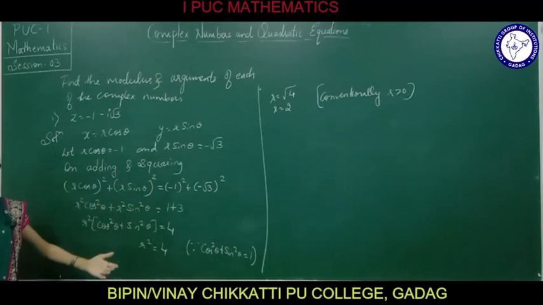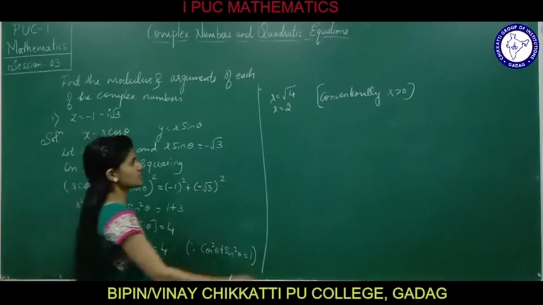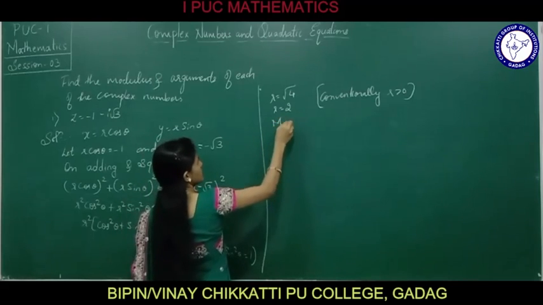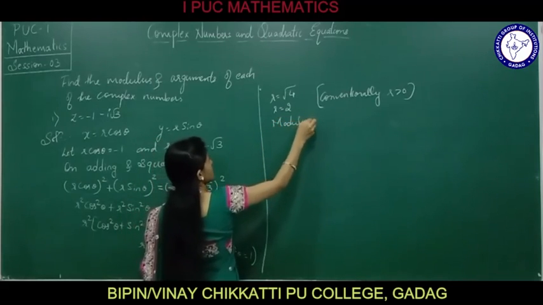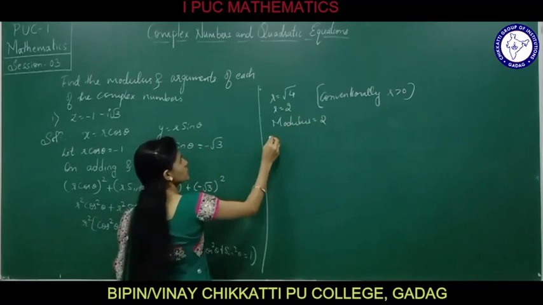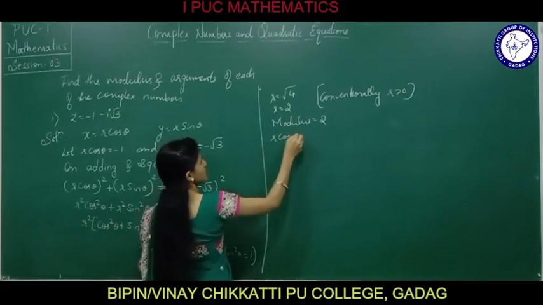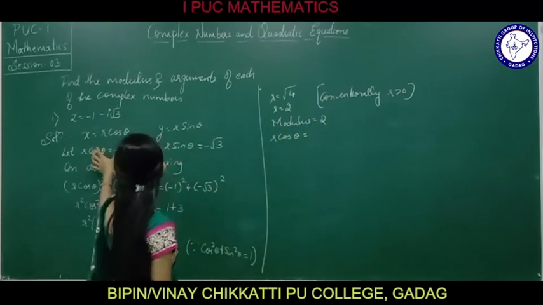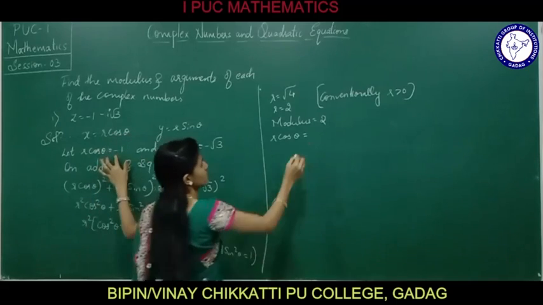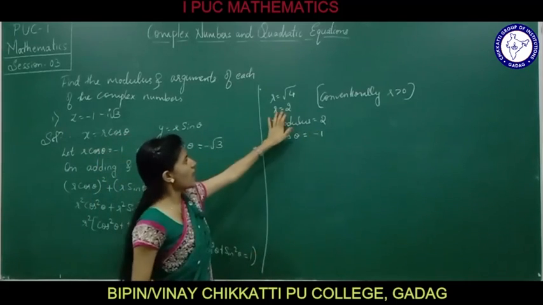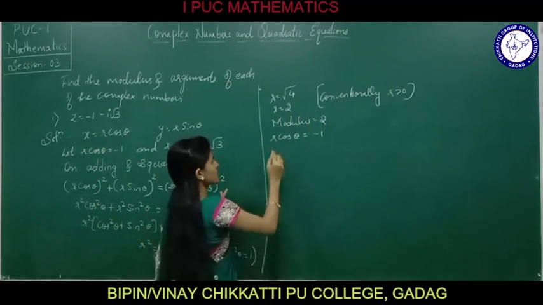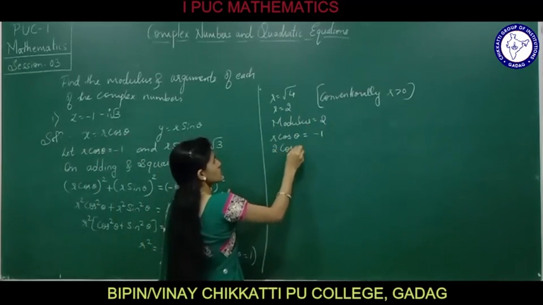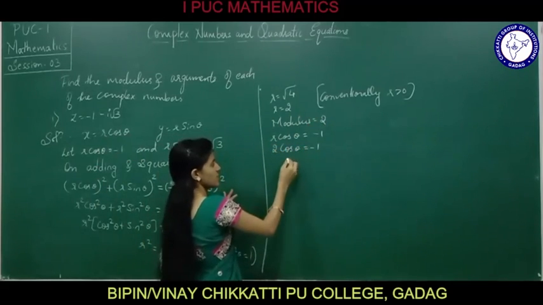What are we going to do next? Now we got the modulus, that is its value is 2. Then how are we going to write? r cos theta is minus 1. In place of r, we substitute 2. That is 2 cos theta is equal to minus 1.